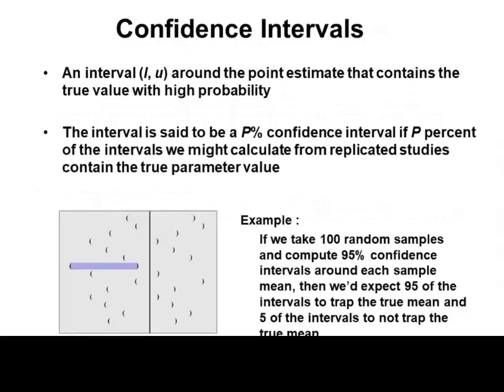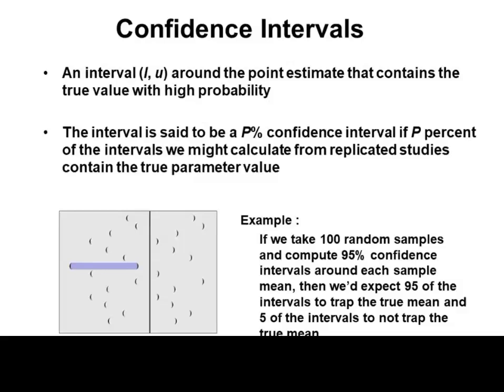A confidence interval is basically an interval around the point estimate, the estimate we make, that will contain the true value with some level of confidence, which equates to probability. You could think of it this way. If you were to estimate some parameter, something you have to take data to estimate, and then around each point estimate, you construct a 95% confidence interval.